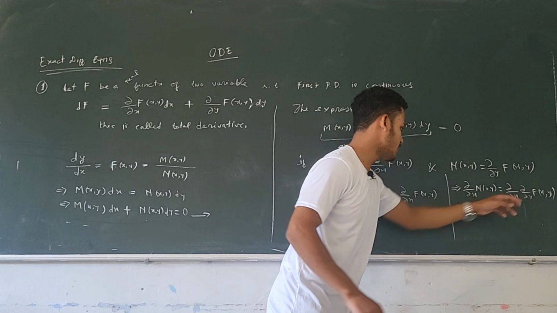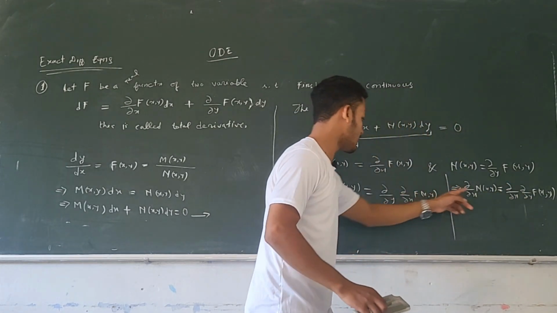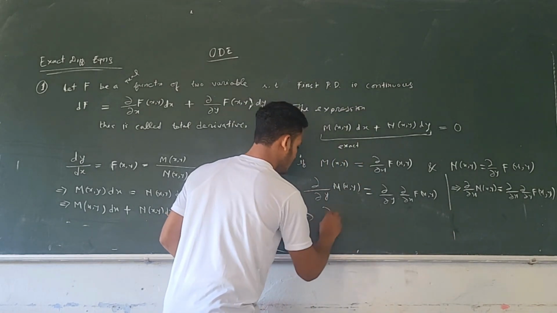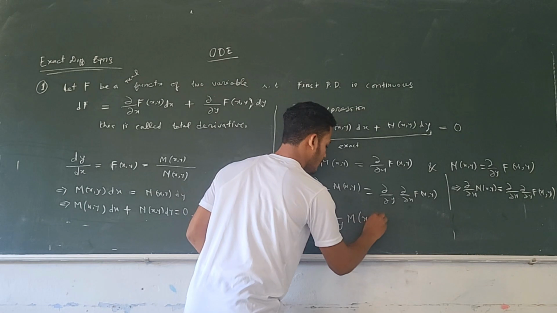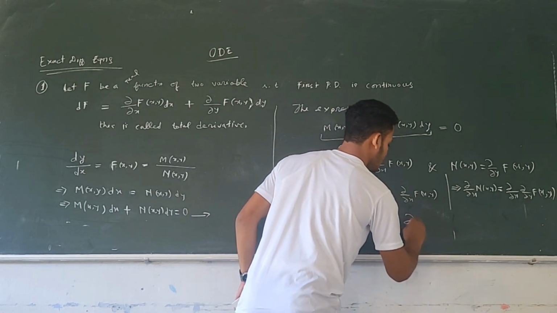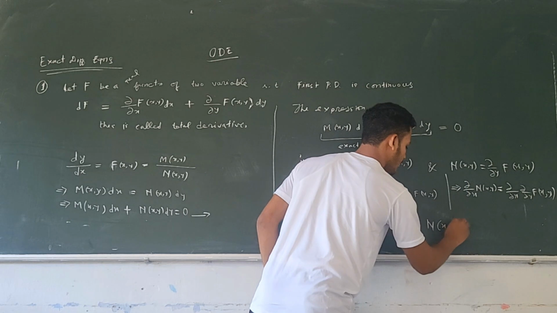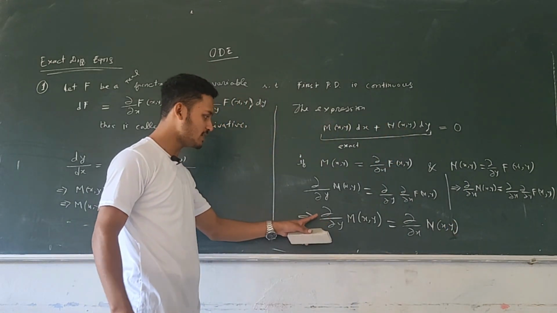If the right hand sides of the equal sign are equal, then the left hand sides are also equal. So this will imply del del y of M of xy is equal to del del x of N of xy. That means, now this is the very important thing.